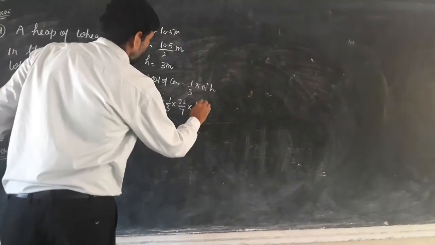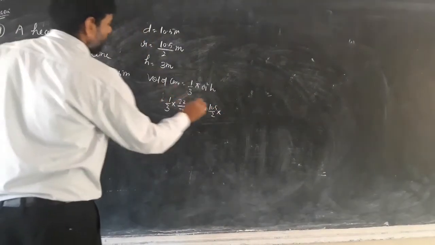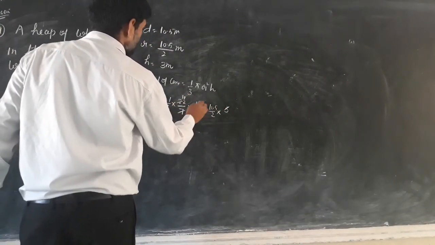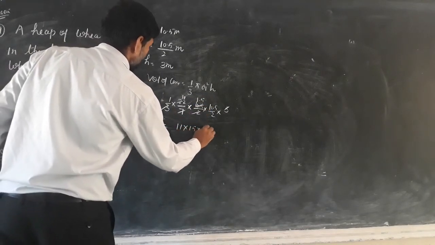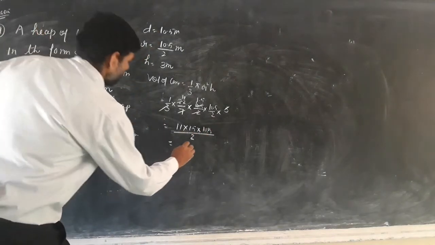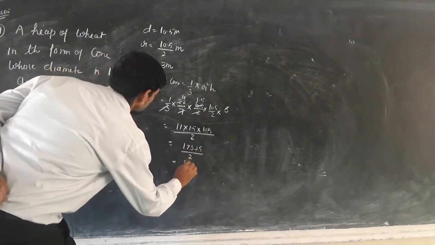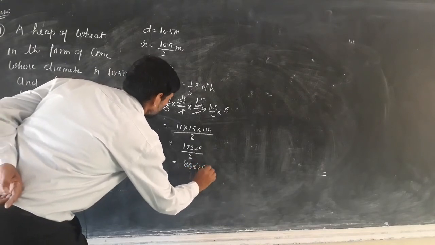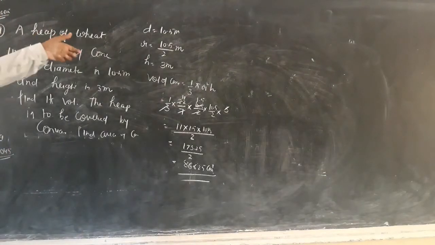Radius is 10.5 upon 2 into 10.5 upon 2, and height is 3. Cancelling 3 with 3, 2 with 11 times 7, we get 11 into 1.5 into 10.5 divided by 2. That is 173.25 divided by 2, that is 86.625 meter cube. That is the volume of this heap of wheat.